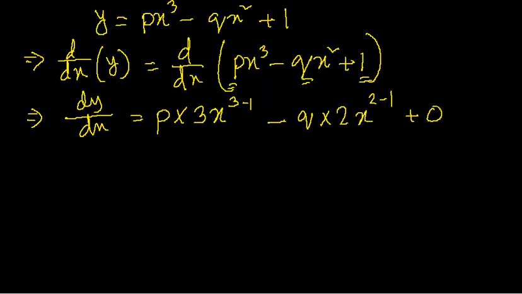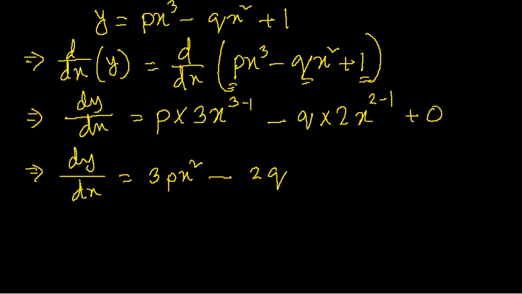So from here we find that dy by dx equals 3px square minus 2qx, since 2 minus 1 is 1, plus 0.